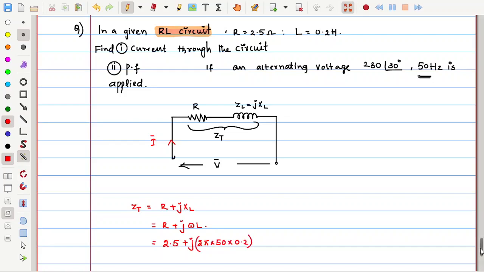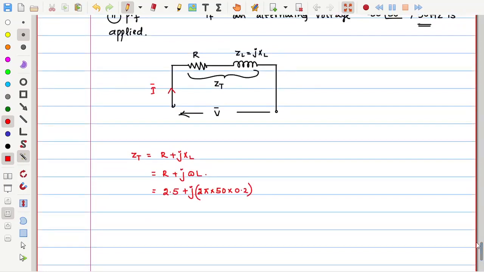How much will we get? See here. 2 pi into 50 into 0.2 is 20 pi, which is equal to 62.83. So this is 2.5 as it is, plus 62.83j. If you need, you can express this in polar form also.